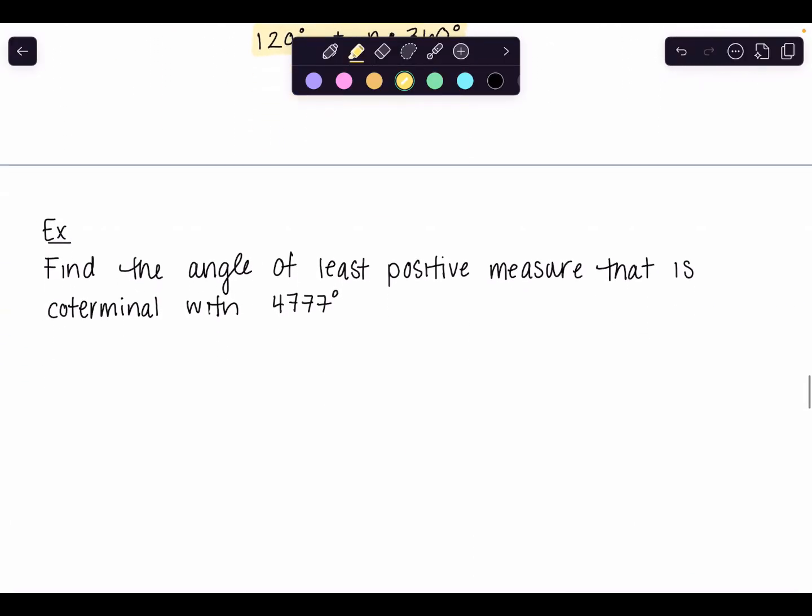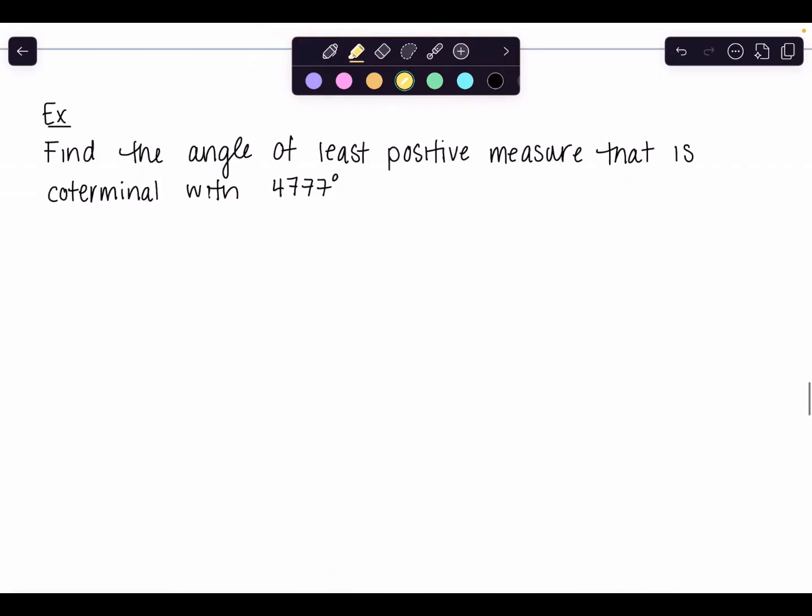So I just have one more of these for now. We're going to find the angle of least positive measure that is coterminal with 4,777 degrees. So again, the least positive measure tells you it's within 1 revolution.